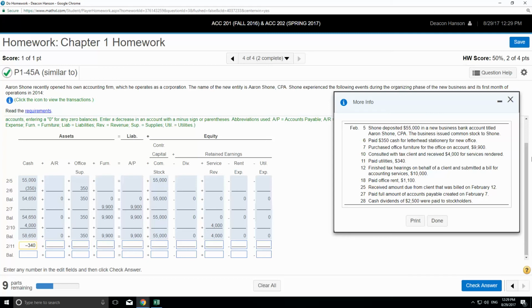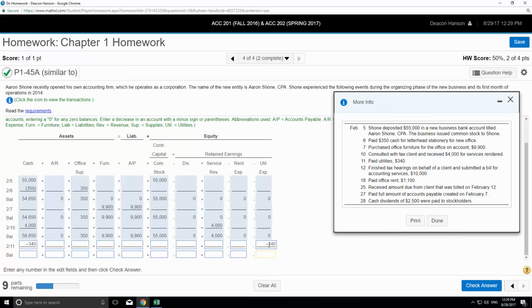And then we paid for utilities. What are utilities? Utility expense, right? Now, in this case, utility expense, how do you want me to show this? Yeah. It's already showing subtract, right? That's a kind of a curveball here.